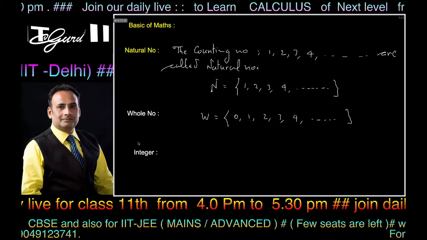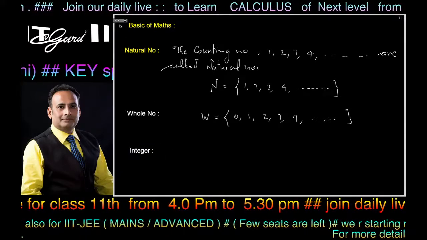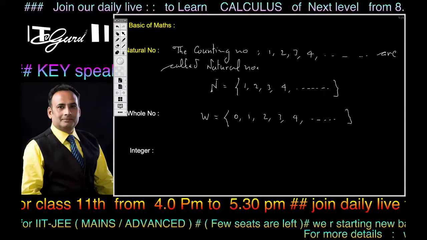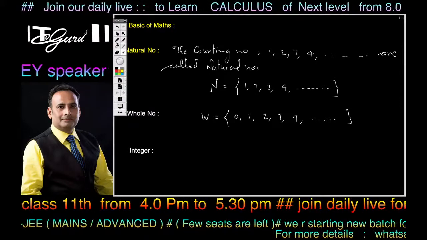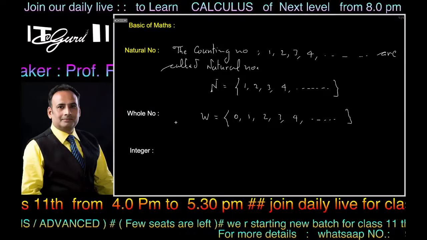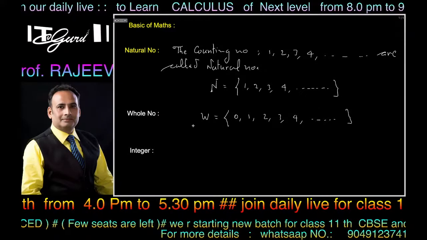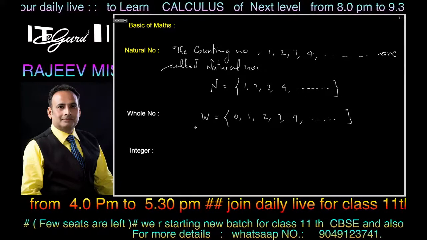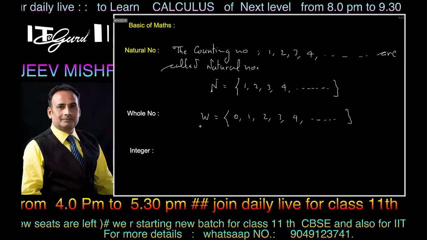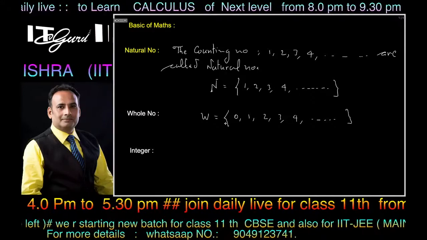Think about integers. In the set of natural numbers, you know that we cannot subtract 5 from 3.